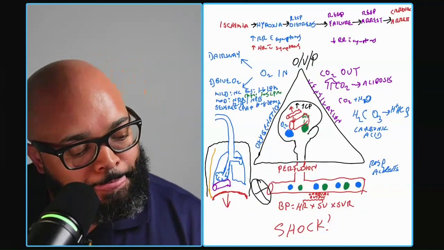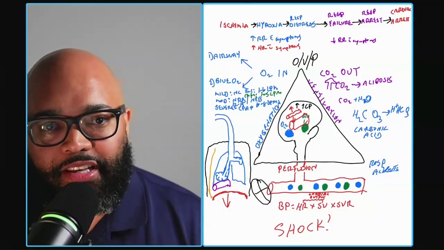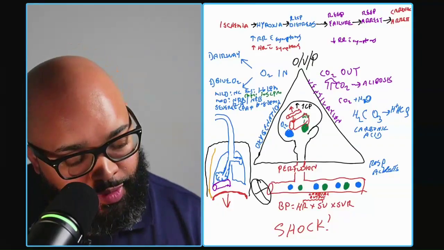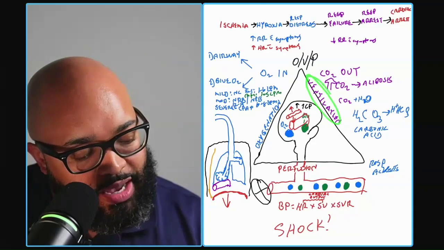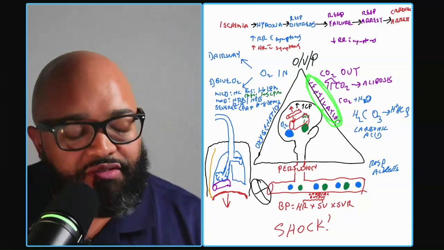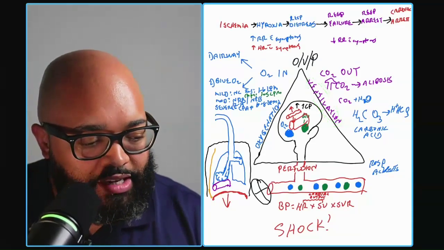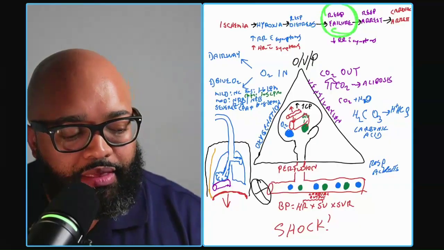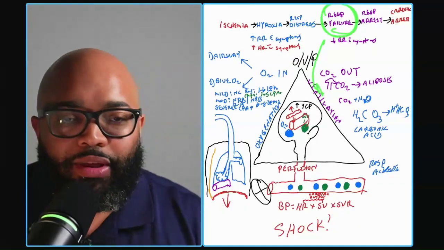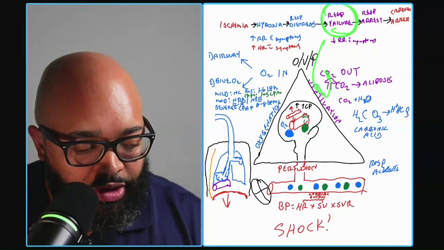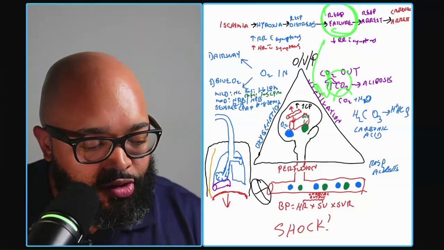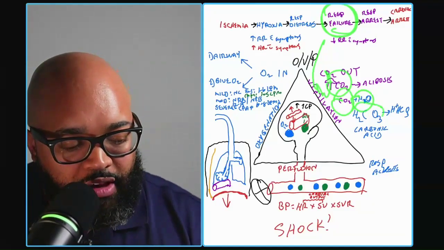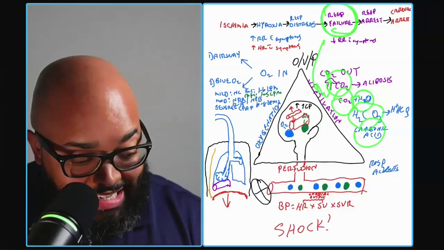Now watch this. What are some situations, type in the chat or just come off mute for me, that would cause this person to breathe very slowly? Like, after they get really tired, they start breathing slowly. And when they breathe slowly, they hold on to the CO2. The CO2 links up with the water and forms carbonic acid.